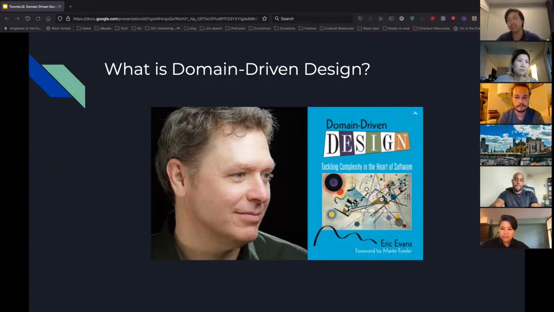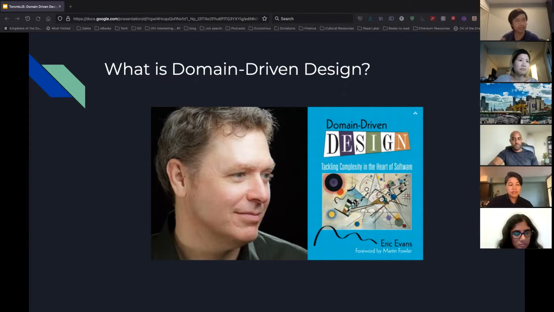But domain-driven design, let's start off by just giving a historical context. It's a design technique that was pioneered by Eric Evans in 2003.